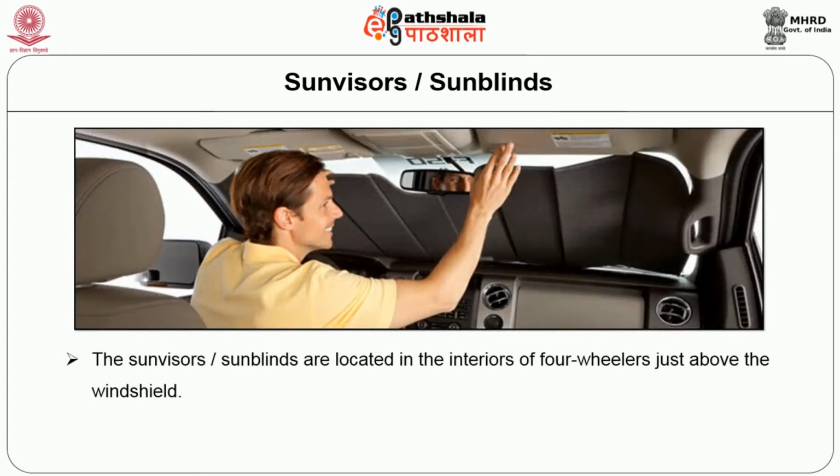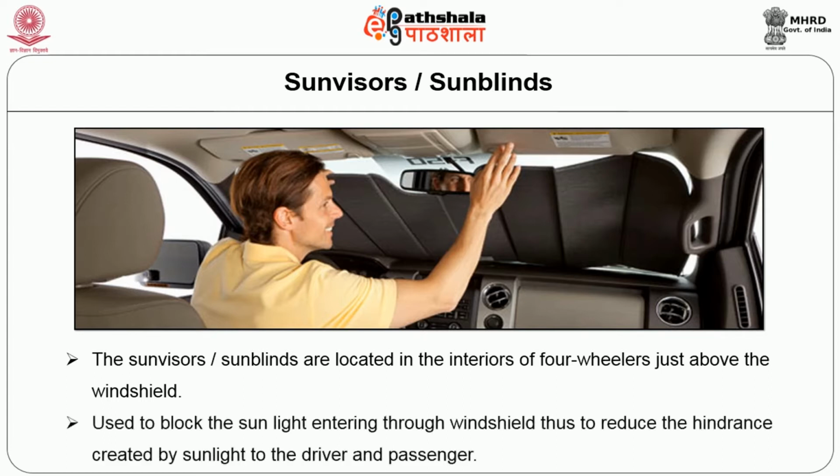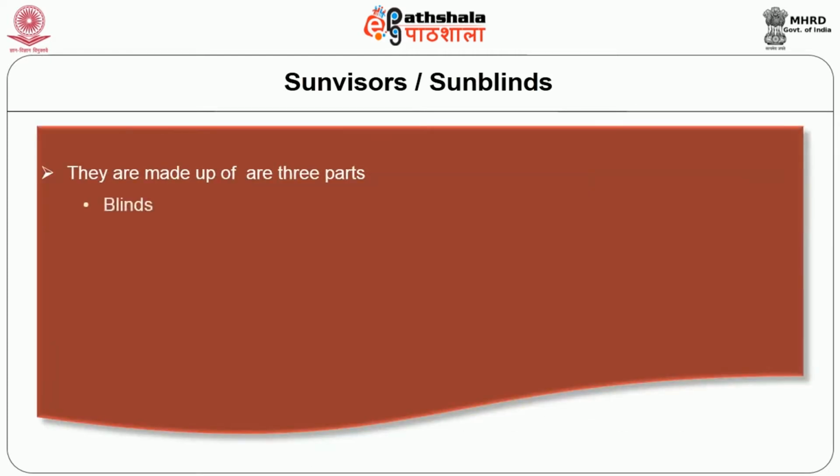The next one is sunblinds. Sunblinds are located in the interior of four-wheelers just above the windshield and are used to block the sunlight entering through the windshield, thus reducing the interference created by sunlight to the driver and the passenger.